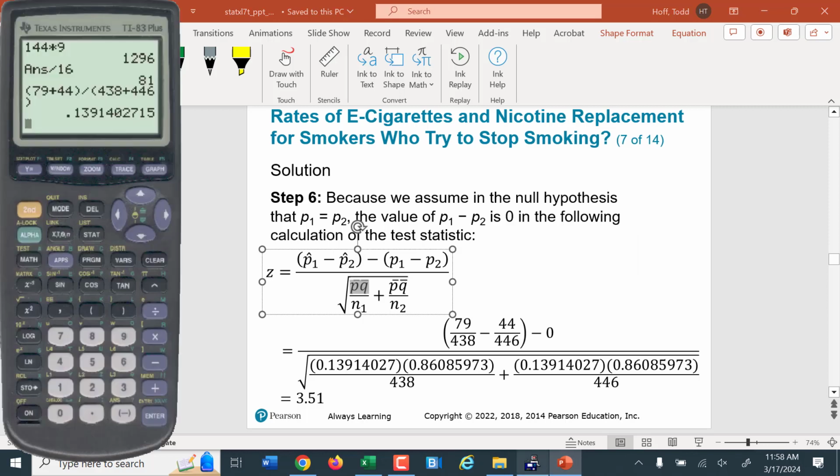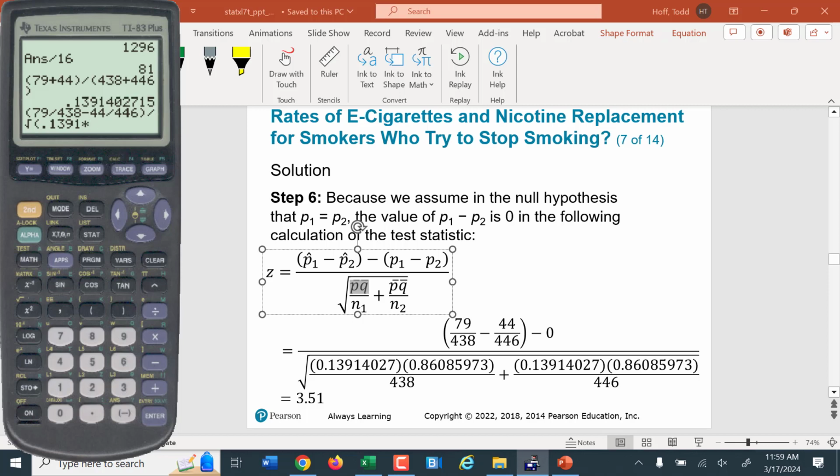So the way we would enter this in the calculator is on top, we'd have parentheses, 79 divided by 438 minus 44 divided by 446. We close those parentheses, and then divided by, on bottom, we have to have the square root. So second square root, it gives us 1 open parentheses there, and that's actually all we need.